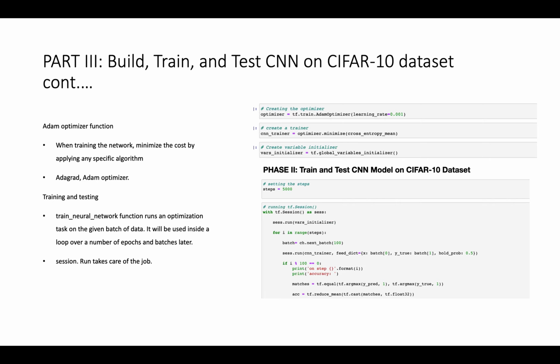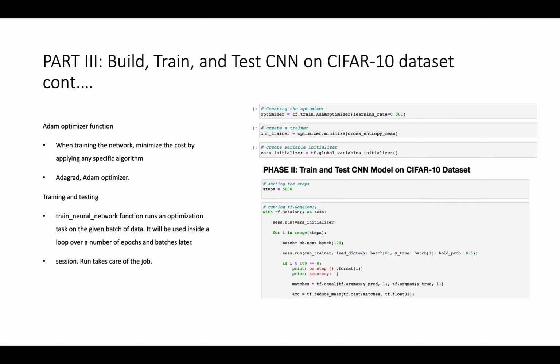The next step is using the Adam optimizer function, which is used to minimize the cost by applying a specific algorithm. There are different algorithms like AdaGrad and Adam optimizer. In our project we are using the Adam optimizer.